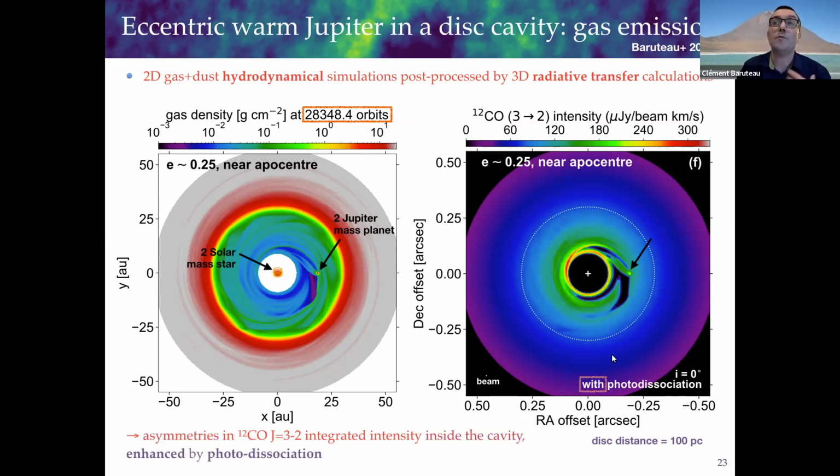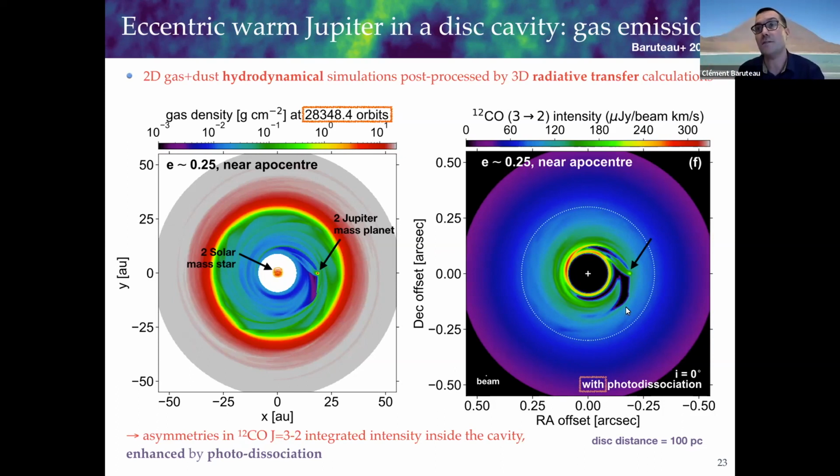Now if we plug in the UV photodissociation with the parametrization that I've shown you before, the UV dissociation can become quite effective and go down to the midplane of the disk.